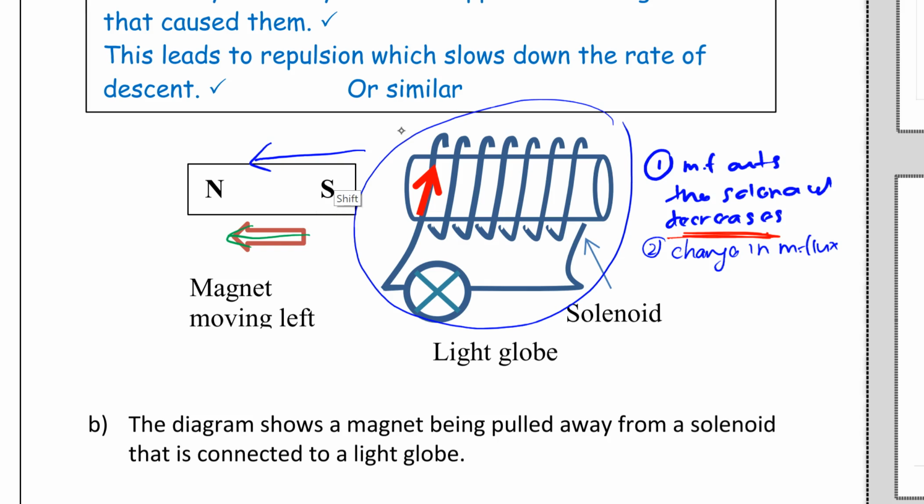Since the magnet is moving towards the left, the coil will produce a magnetic field, and the left hand of the solenoid will act as a north pole, whereas the right will act as a south pole.